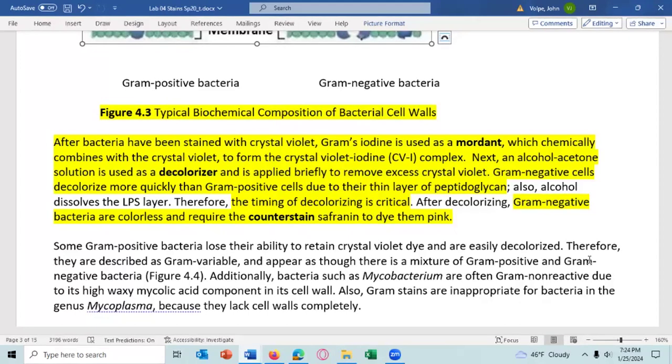In the gram-negative cells, the layer is much thinner than in the gram-positive cells, so the crystal violet iodine complex comes out in the gram-negative cells, but does not in the gram-positive cells, at least if you apply the gram stain correctly.